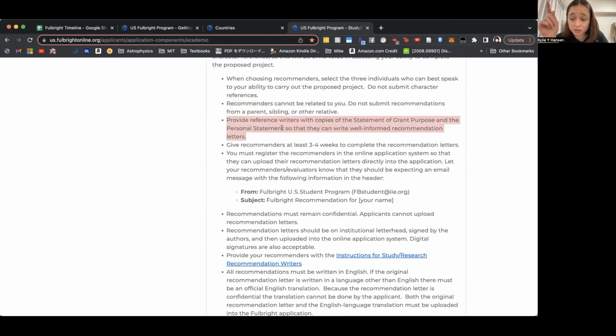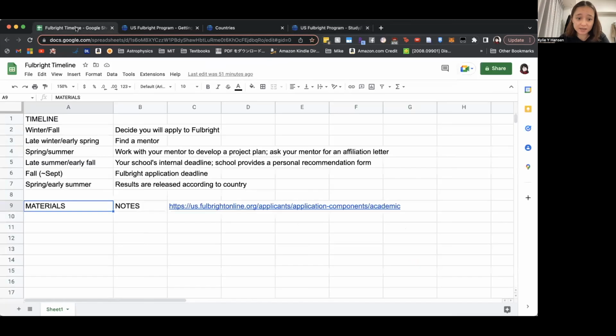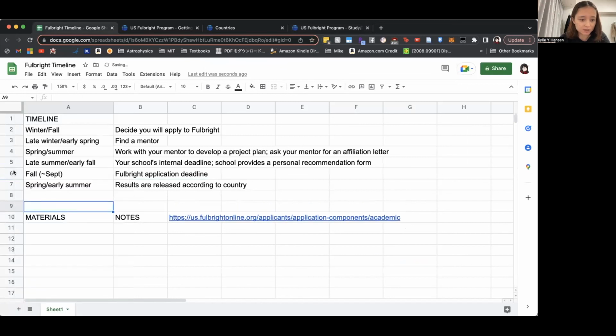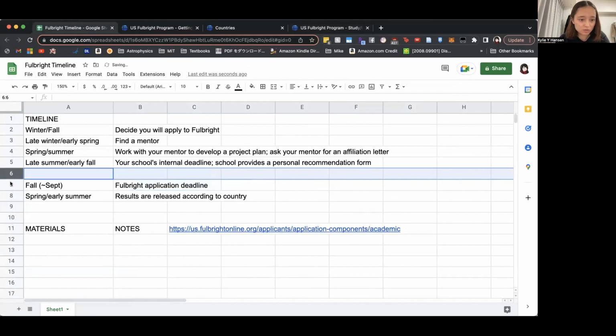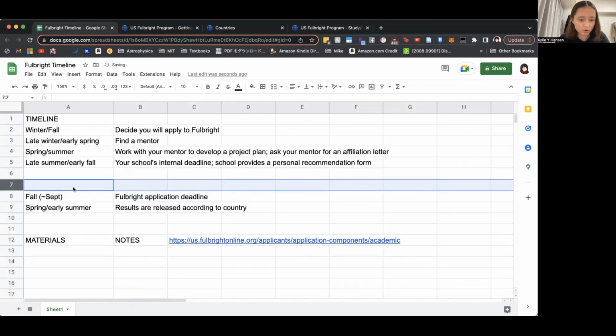So it's good to note that in this timeline here, there will basically be 2 more rows.